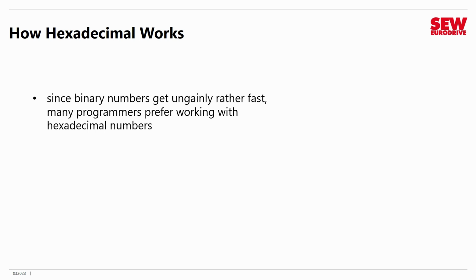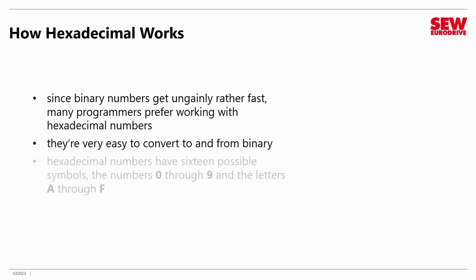Binary numbers get ungainly very fast because you need a lot of bits to represent even relatively small numbers, and all those zeros and ones eventually start to dance before your eyes. So many programmers prefer working with hexadecimal numbers, because it's very easy to convert back and forth between hexadecimal and binary. The two number systems almost match each other.